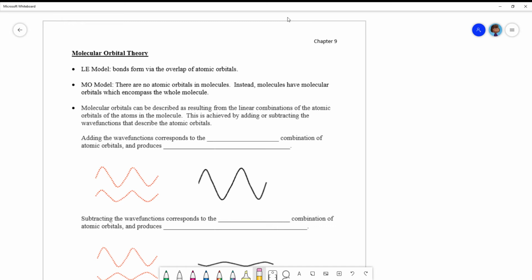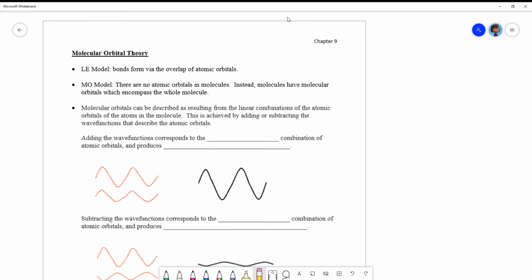Now, we are looking at a different model, which I'm abbreviating here as the MO model, molecular orbital model. As it turns out, in this model, there are no atomic orbitals at all. Atomic orbitals are possessed by atoms, but we're dealing with molecules.